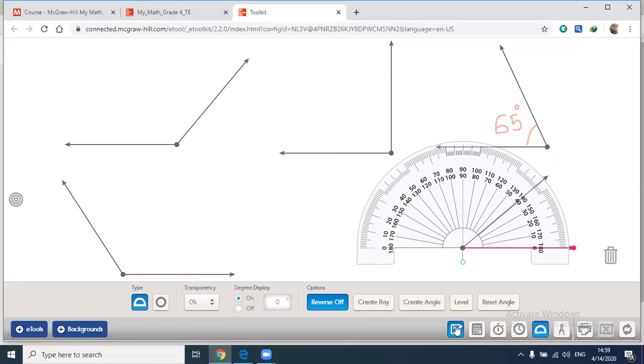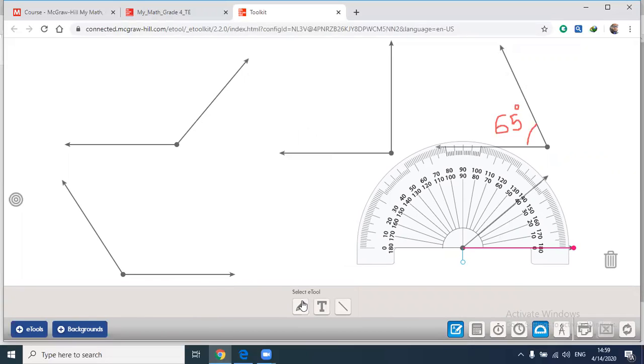So the measure of this angle will be 40 degrees. I'll write here 40, and this symbol means degree.